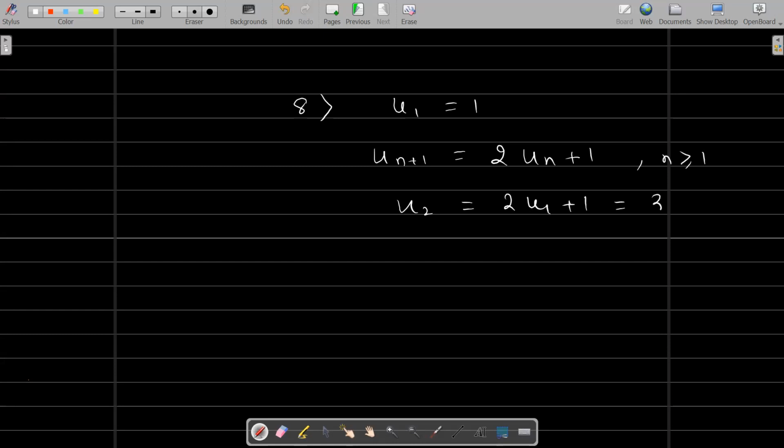So that is 3. So from u1 I can find u2, from u2 I can find u3 and so on. So what we have to prove is un is 2 raised to n minus 1.